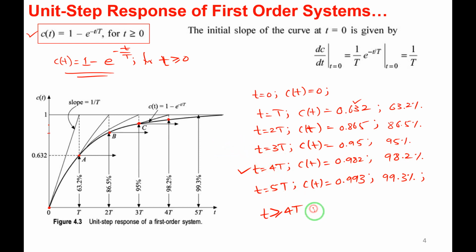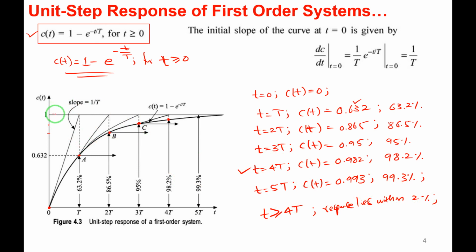For t equal to 4T, you are getting 98.2, meaning out of 100 it is just 2%, meaning the response will be within 2%. For t equal to 5T, you are getting 99.3, so for t greater than or equal to 4T, the response lies within 2% of the reference.